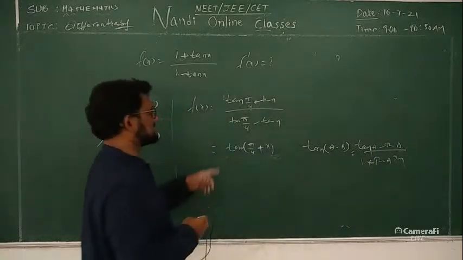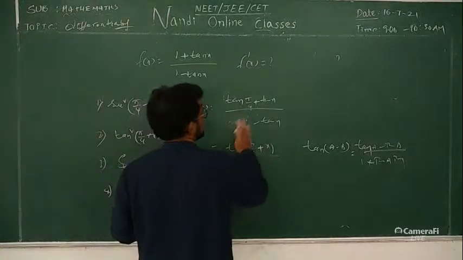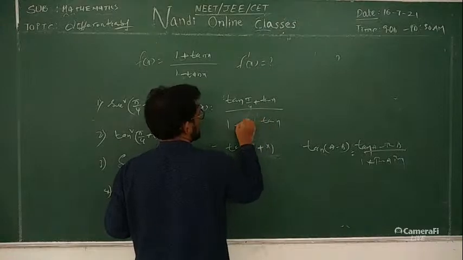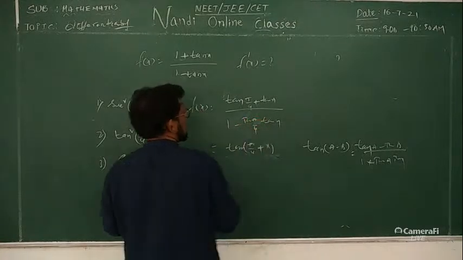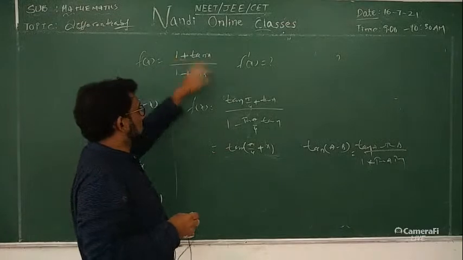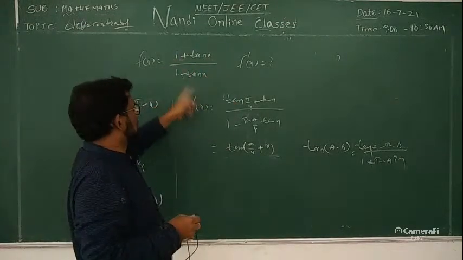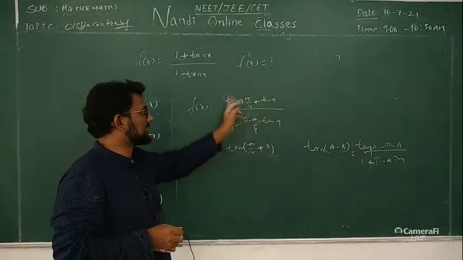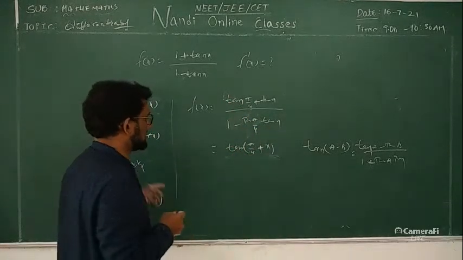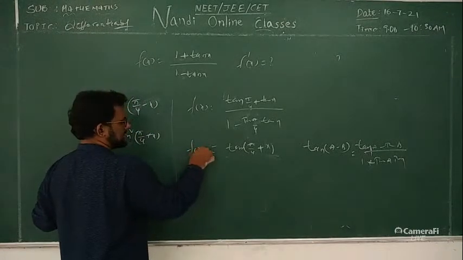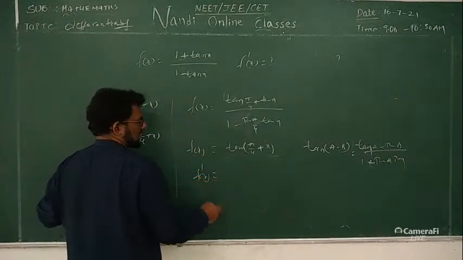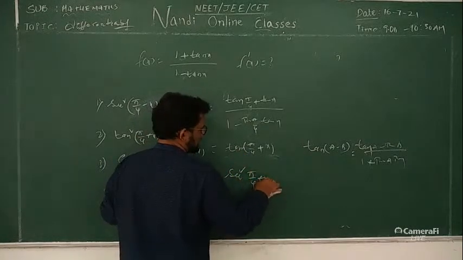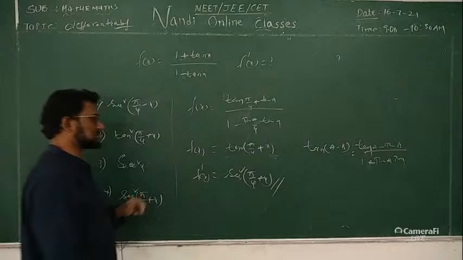Have a look here: tan pi by 4 is 1, and here 1 into tan x. So it can be written as tan of (pi by 4 plus x). Now you differentiate. If you differentiate, secant square of (pi by 4 plus x) is the answer.